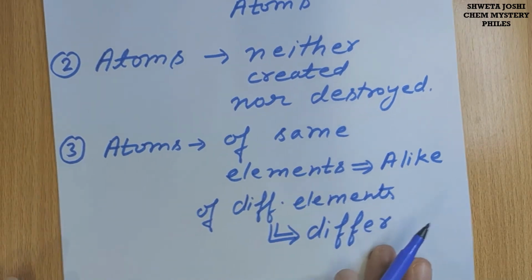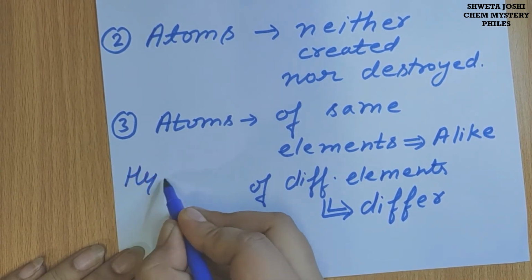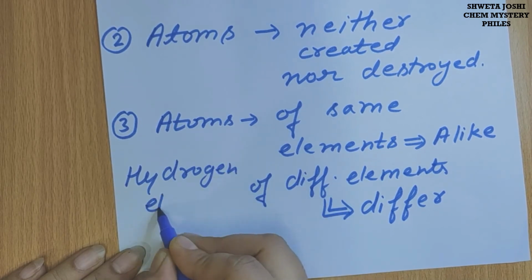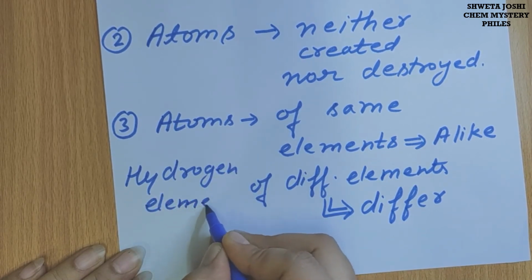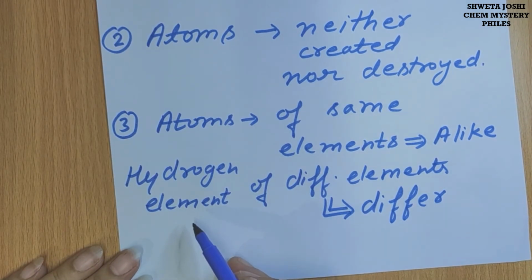For example, if you consider hydrogen element, so all the atoms of hydrogen element will be alike according to Dalton's atomic theory.